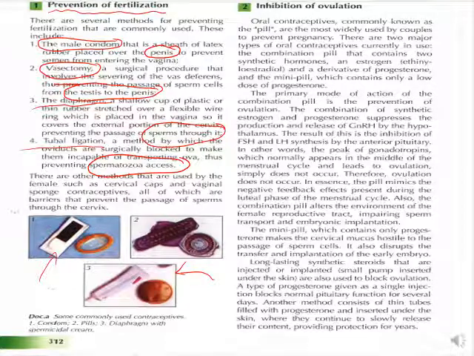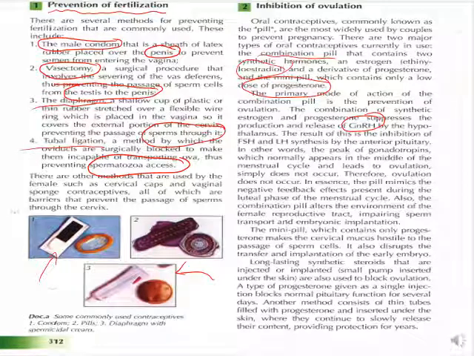The combination pill contains both estrogen like ethinyl estradiol and a derivative of progesterone, while the mini pill contains a low dose of progesterone hormone. So here the action of these pills is the prevention of the process of ovulation. The combination of both estrogen and progesterone suppresses the production and the release of the gonadotropic releasing hormone GnRH by the hypothalamus.